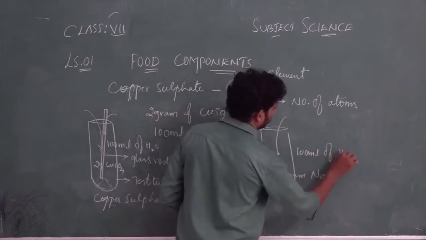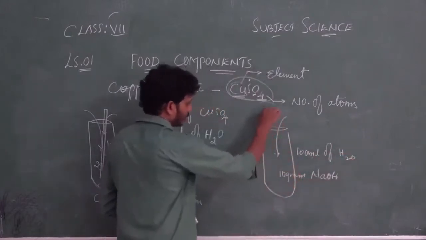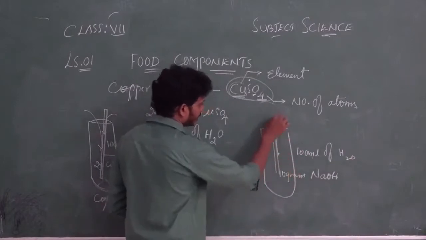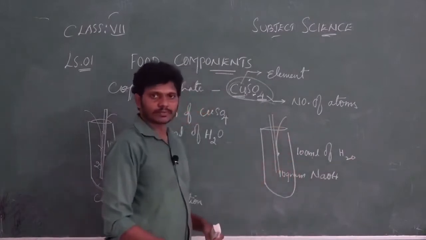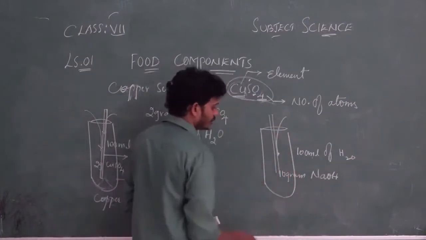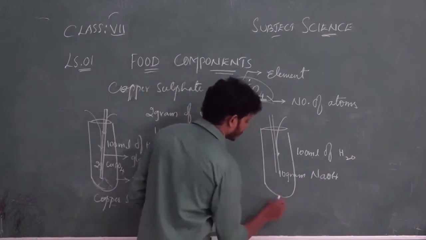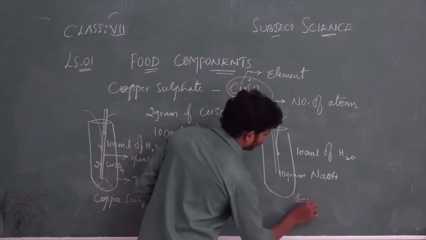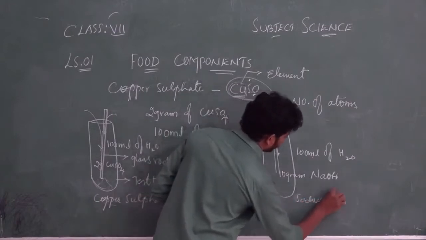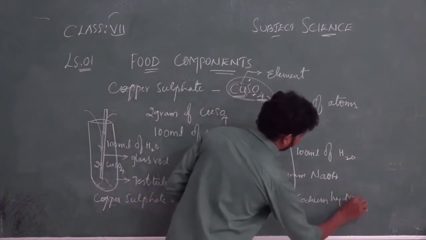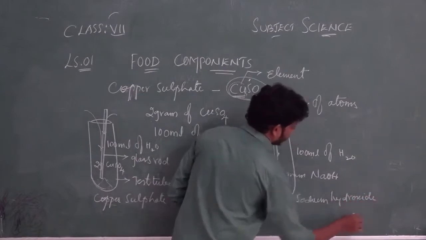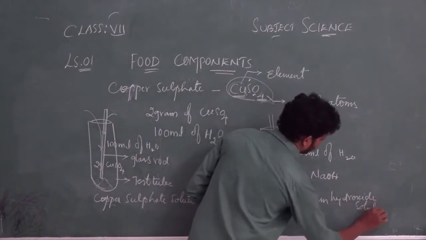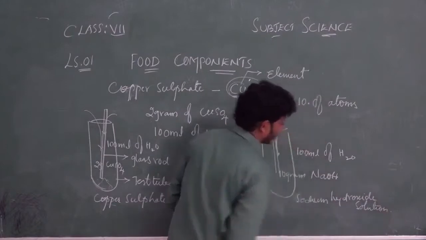Now using a stirrer again, mix it thoroughly, and we get a solution. Which solution is formed here? Sodium hydroxide solution is formed.